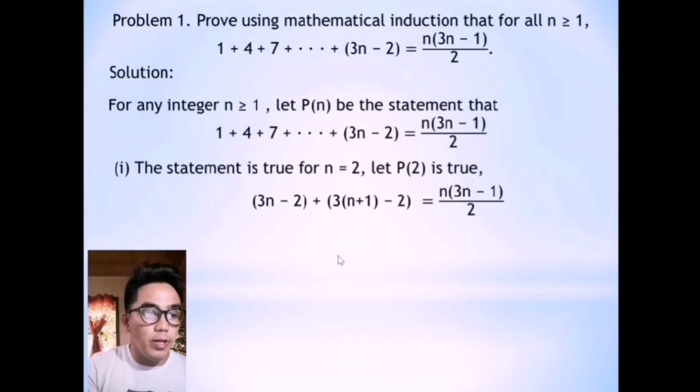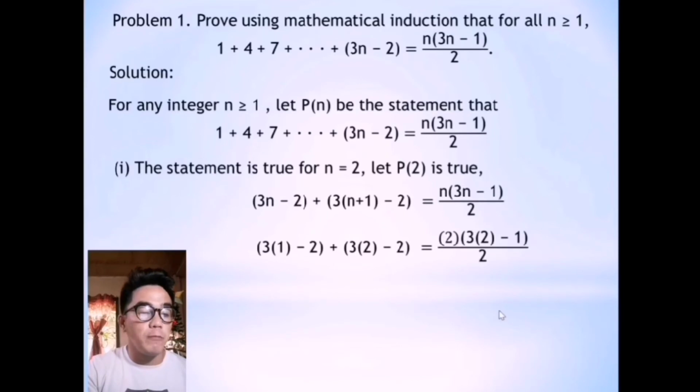So on the left side, everything will be substituted by 1, but on the given formula on the right, it will be substituted by the value 2. So 3 times 1 minus 2, plus 3 times (1 plus 1) minus 2. But here, 2 times (3 times 2 minus 1) over 2.